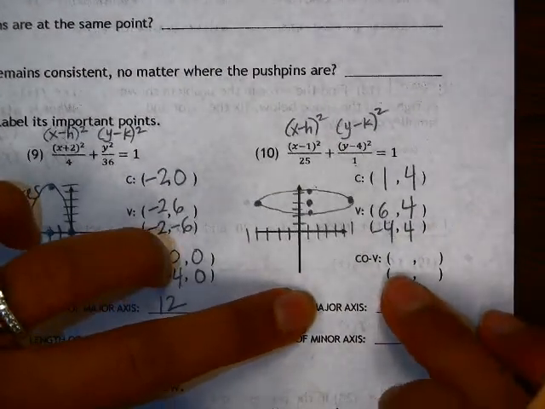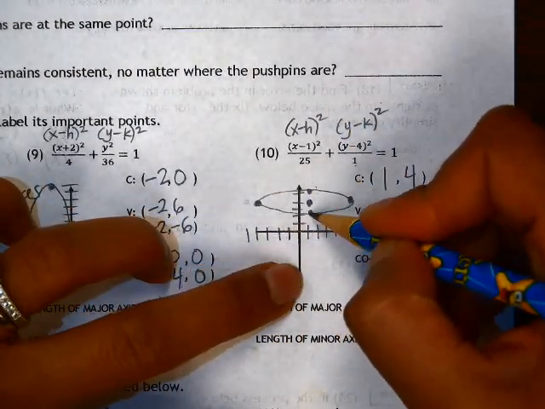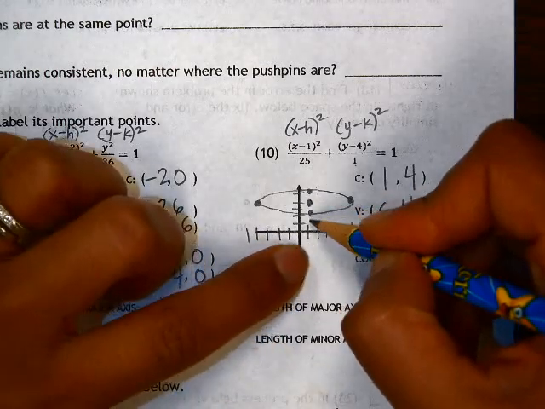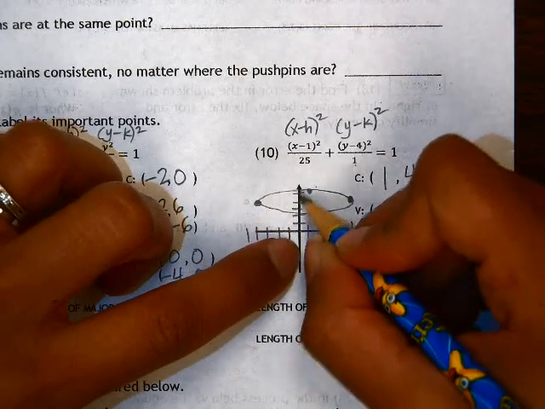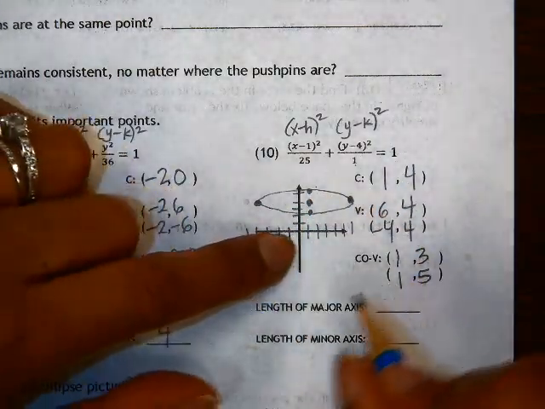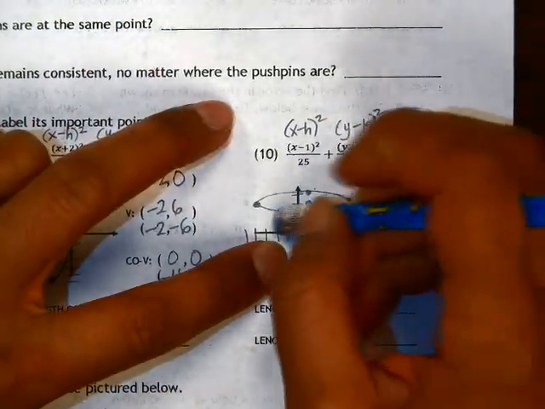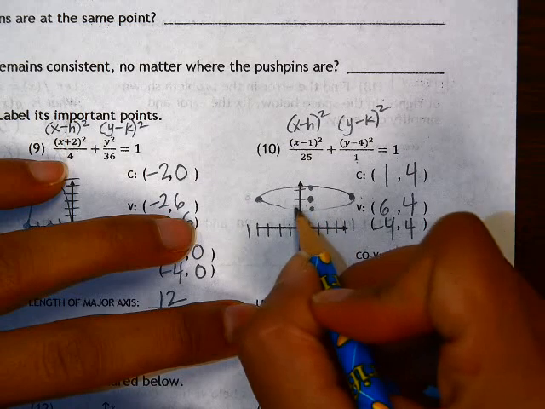And the co-vertices are on the minor axis, so here we have 1, 3, and 1, 5. And my scale is a little bit off here, so this point right here should be at 3.